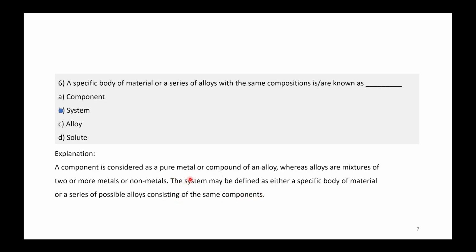So system can be such as iron carbon system or copper nickel system. So this will be your system. Solute will be your foreign atoms that will be residing in your metal matrix in case of some alloy.